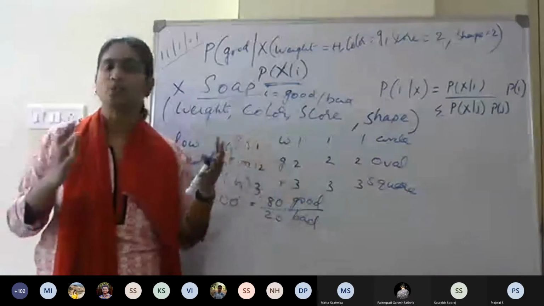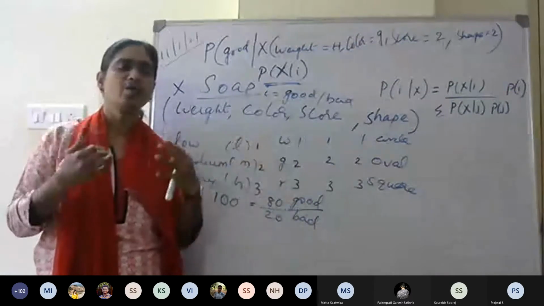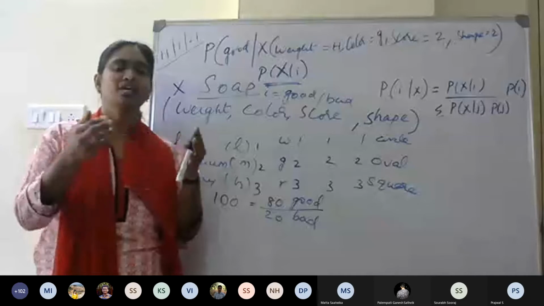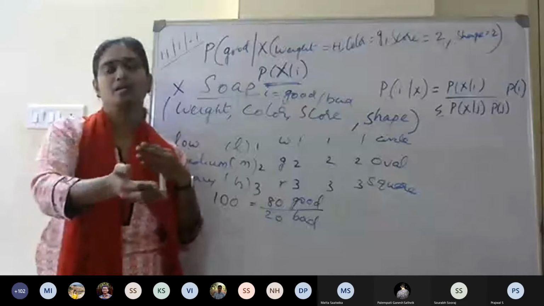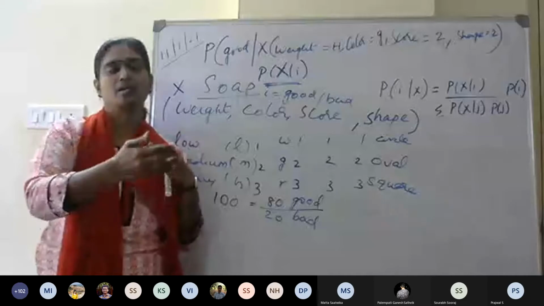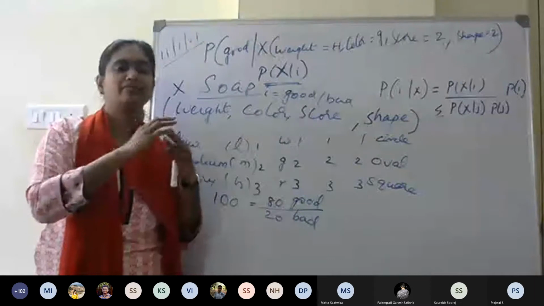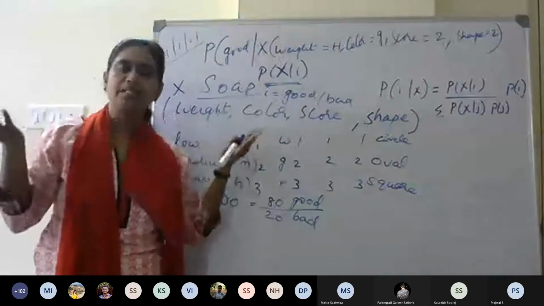If they are not available, then you cannot use the Bayesian theorem to perform the classification of good or bad.